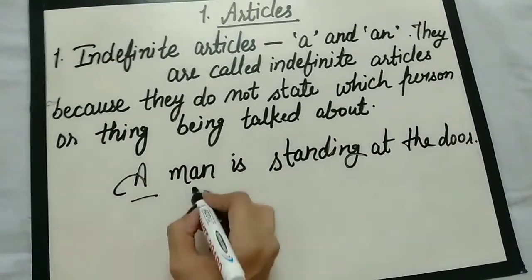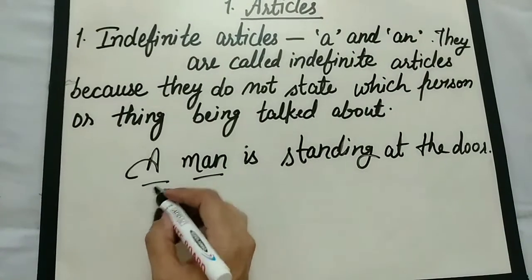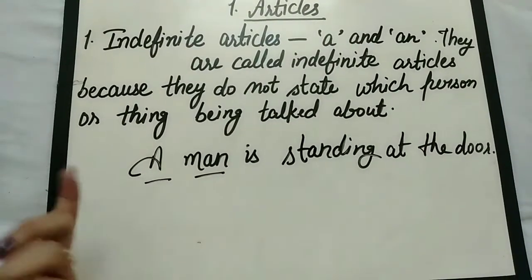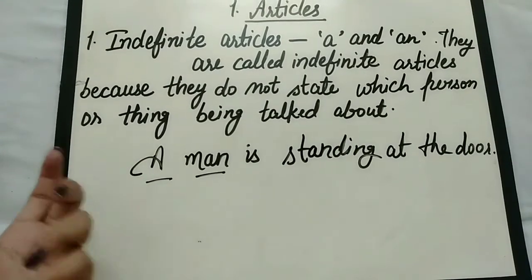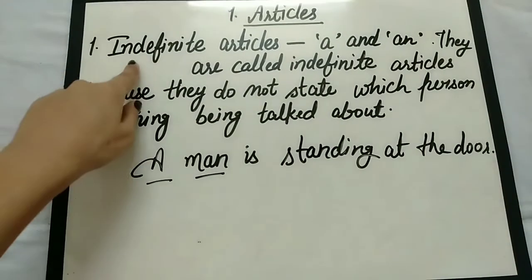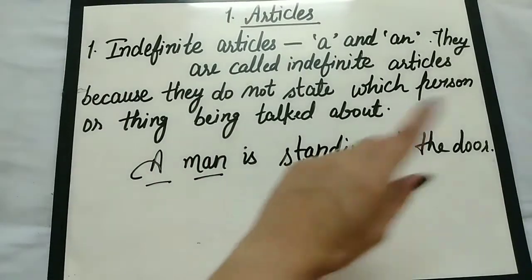Man is a noun and a is the determiner, and it does not state which man. It can be any man standing at the door. So that's why they are known as indefinite articles, because they never state which person or thing is being talked about.